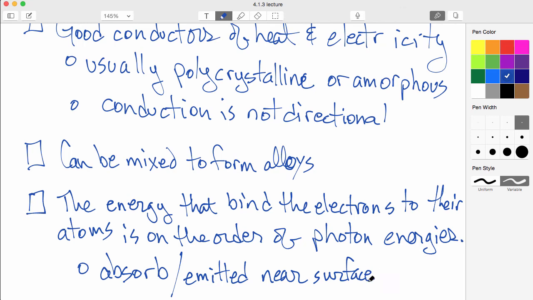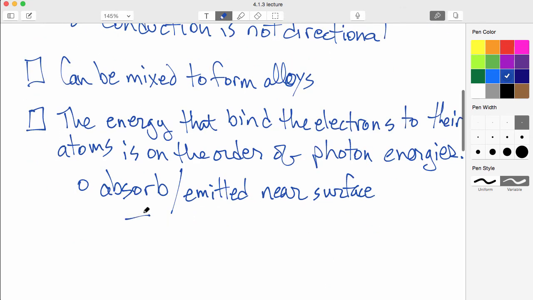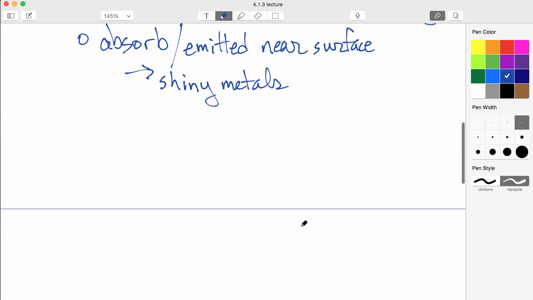And you may not realize it, but that's why metals tend to be shiny, because the sea of electrons is able to absorb and then pretty much immediately emit the absorbed photon. All right.